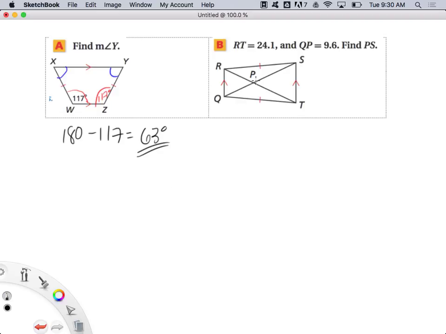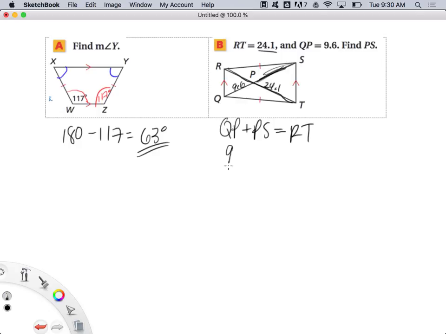Now it says RT equals 24.1. Okay, that's that one. QP equals 9.6. Now RT is this whole thing, not just part of it. It says find PS. Well, this part PS plus this part QP equals the whole thing. You see? So QP plus PS is equal to RT.